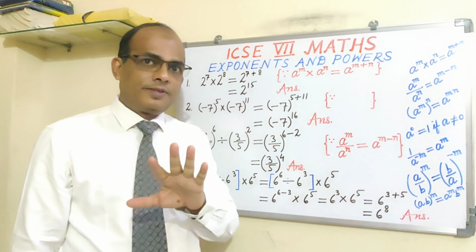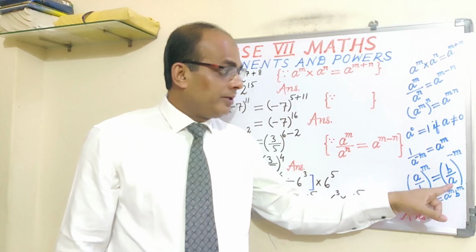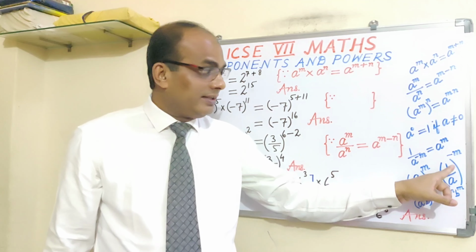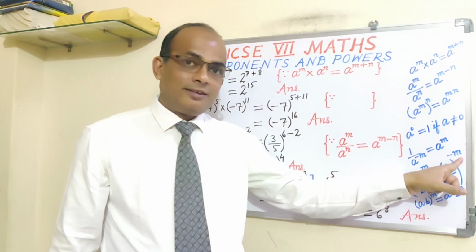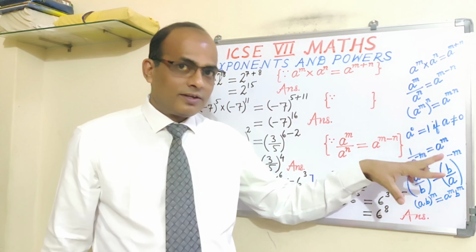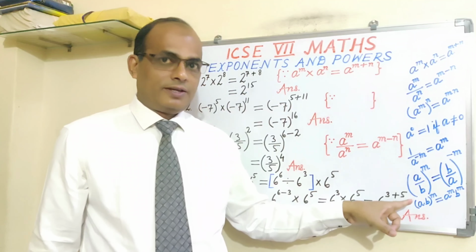The sign changes. So now suppose the question is like this: b upon a whole raised to the power minus m, and you want to make it positive, then you reverse it. So b upon a, you write down a upon b.